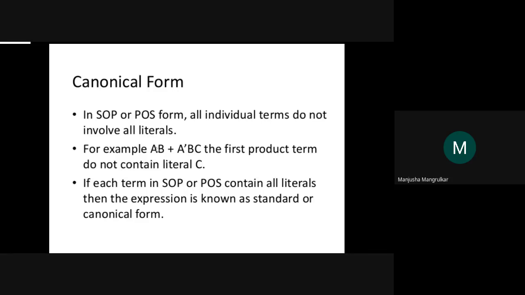Each and every term contains all the variables, whether three variables or two variables. Now this is a three variable function, but only the first term has two. This is not the standard POS or SOP canonical form. A standard SOP or POS canonical form has all the variables which are present.